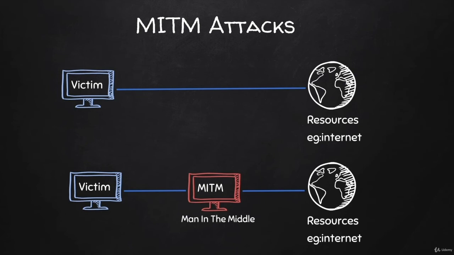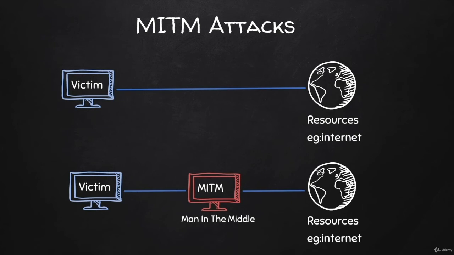So, a normal communication would look like this, where the device is directly communicating with the entity that they want to communicate with. In a man-in-the-middle attack, the hacker would be able to place themselves in the middle of the connection, allowing them to intercept and see anything that is being transferred between the two devices.